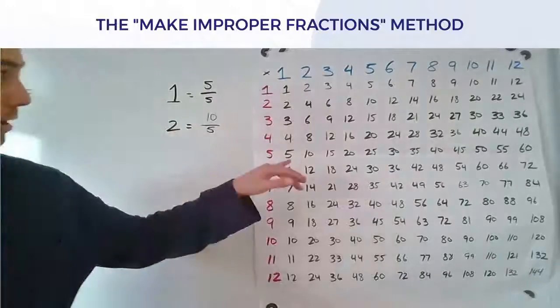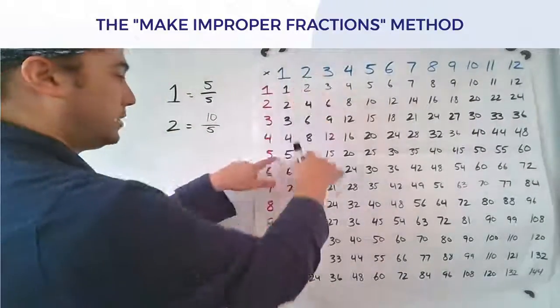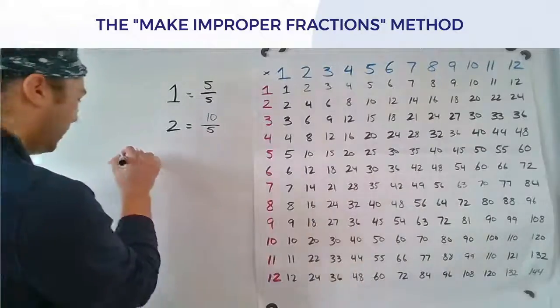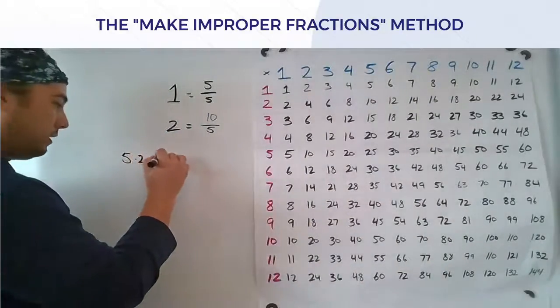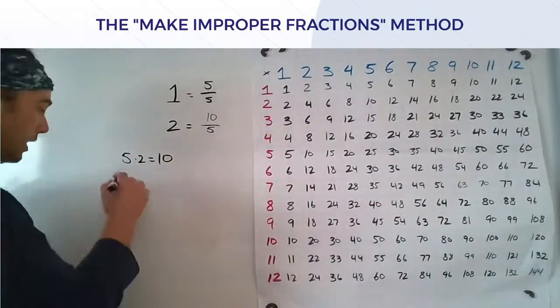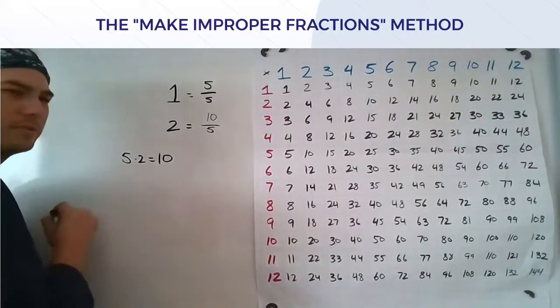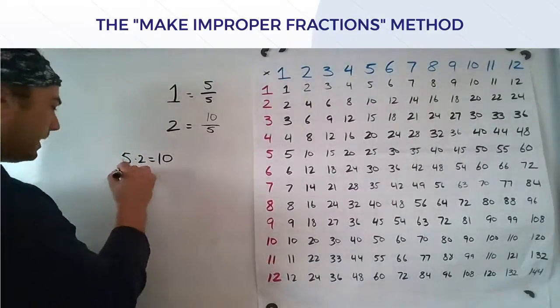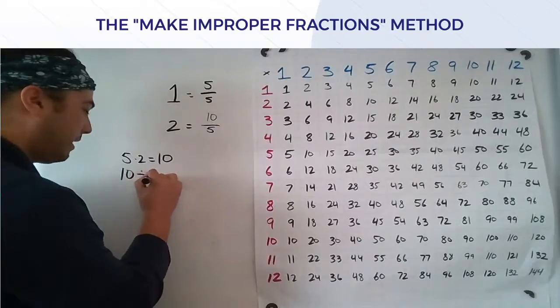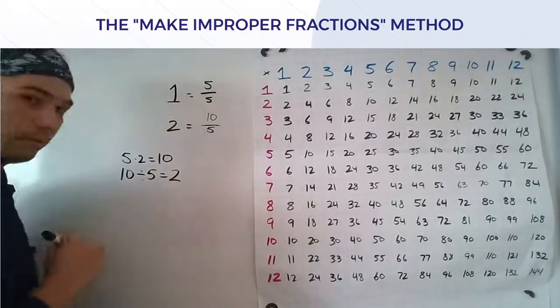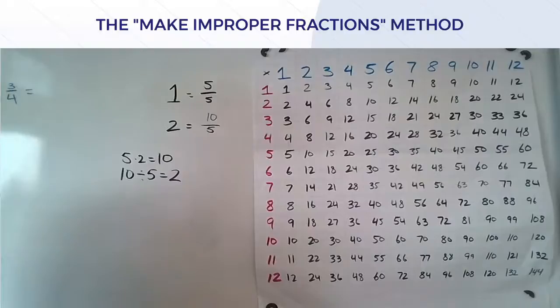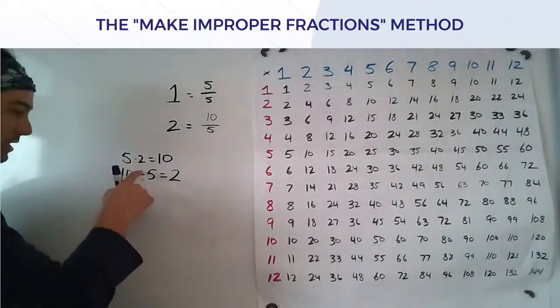Just like how you can do 5 times 2 is 10, right? 5 times 2 equals 10. Because they're inverse operations, 10 divided by 5 equals 2. Would you agree? And remember, fractions are division in disguise.